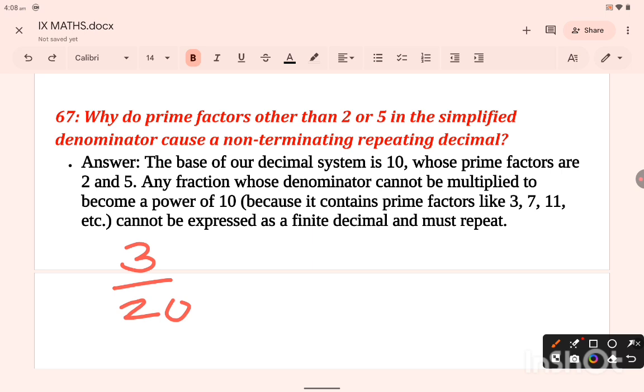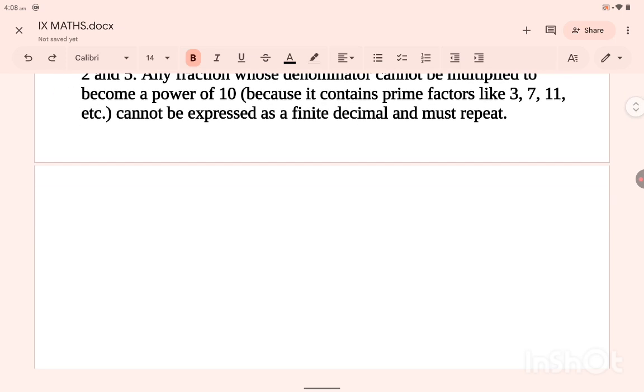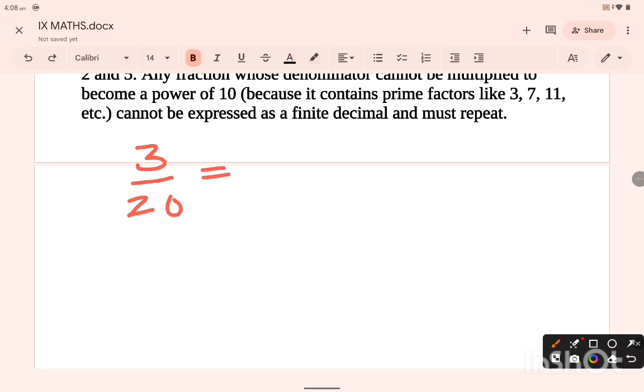Here denominator 20 can be written as 20 is equal to 2 to the power of 2 into 5 to the power of 1. So 3 by 20 equals 3 by 2 to the power of 2 into 5 to the power of 1.